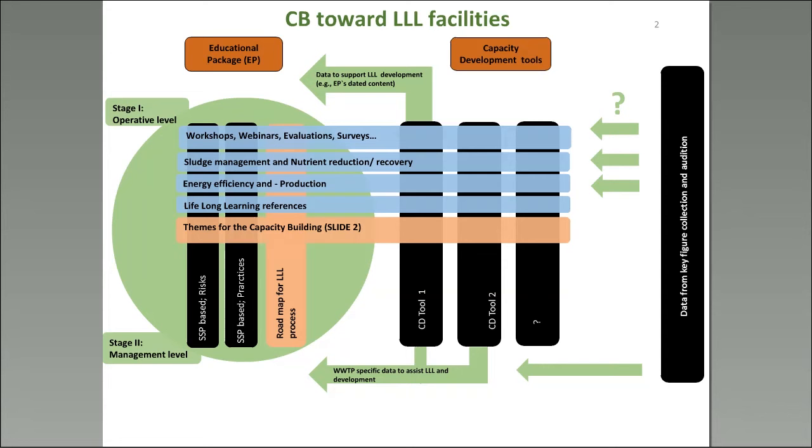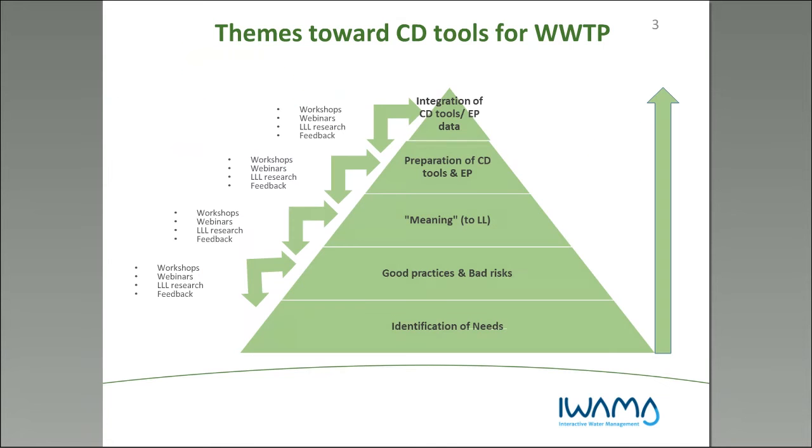These themes for the capacity building are the steps that we have to take. The base starting point is the identification of the needs round, which is more or less implemented. The next step would be good practices and bad risks.